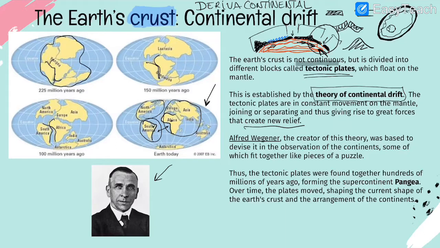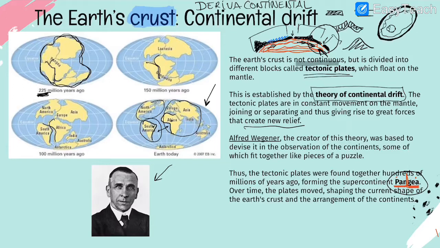Think here, a lot of millions of years ago, all of them were together and made a supercontinent, only one continent, that was called Pangea. In order to remember this name, Pan in Greek is everything, todo, ¿vale? And Gea is earth. So, all the earth together.